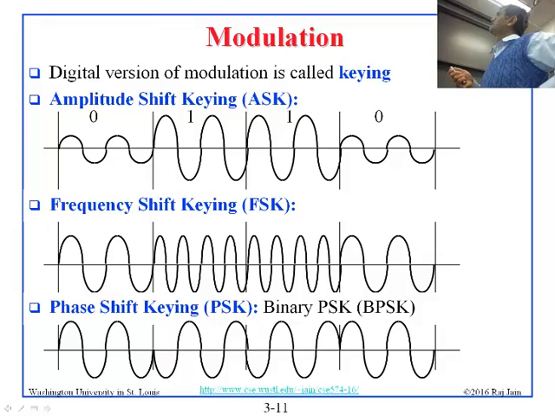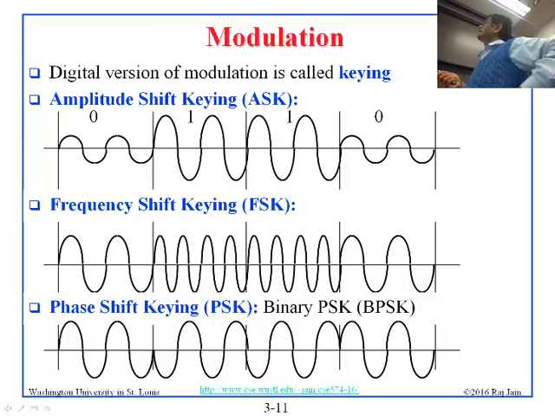If it is large, it is a 1. That would be called amplitude modulation. When you want to send a 0, you just send small waves. When you want to send a 1, you send big, high waves.